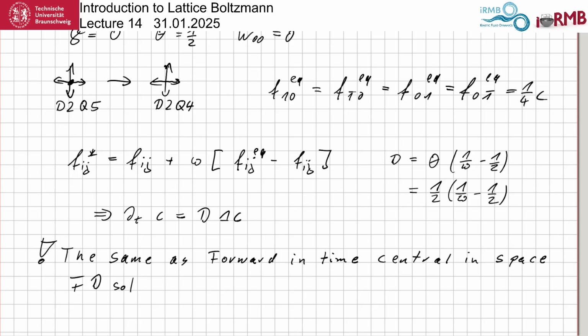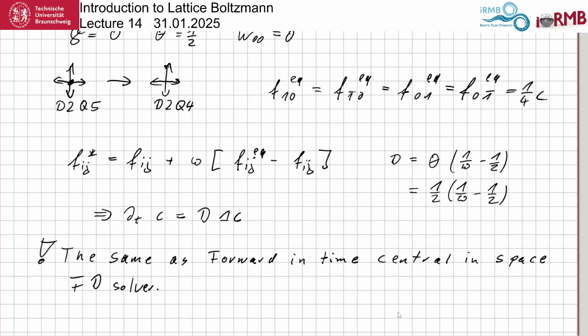So this is a very simple model, of course, that's well known and well understood. And what you discover is that this model here is basically just a different implementation, but it's 100% identical with a forward in time, central in space finite difference solver. Yeah? Okay.